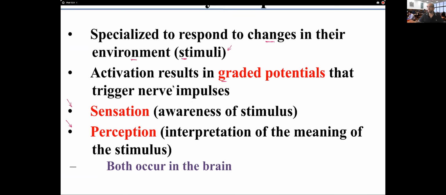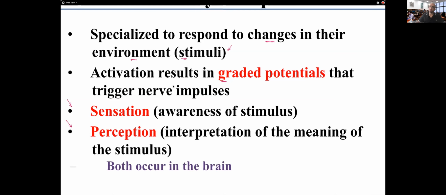Perception, on the other hand, is my interpretation of the stimulus. So this stimulus gives me a meaning. So I can hear, for example, the words, this is sensation. But my ability to understand what those words mean, it's the perception of the sensation.